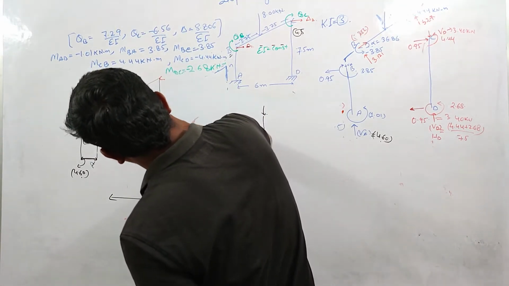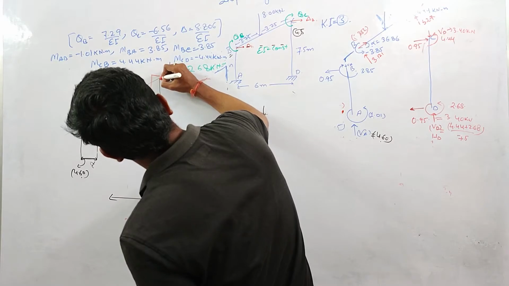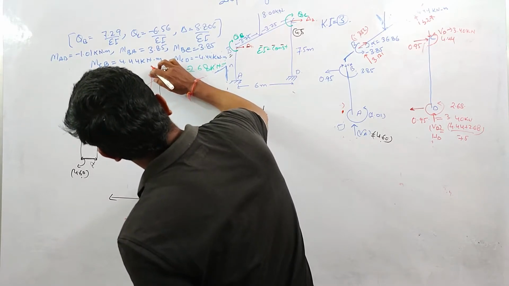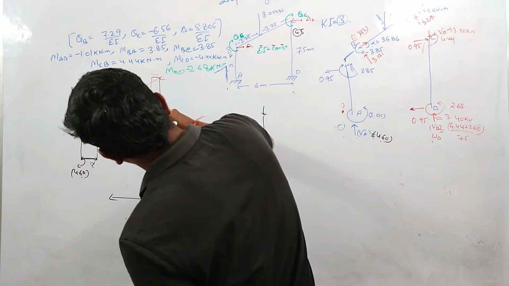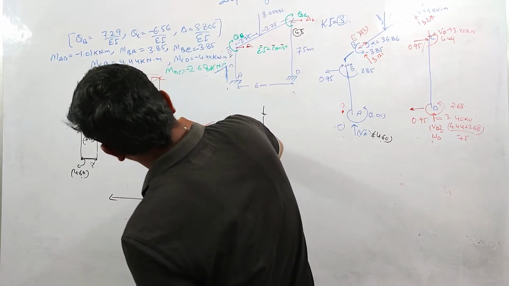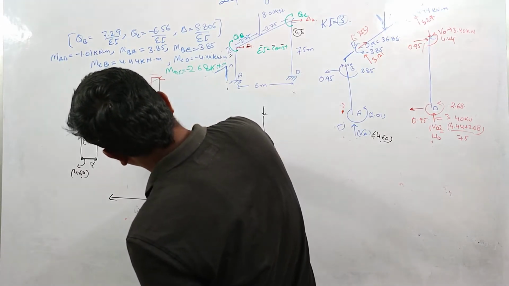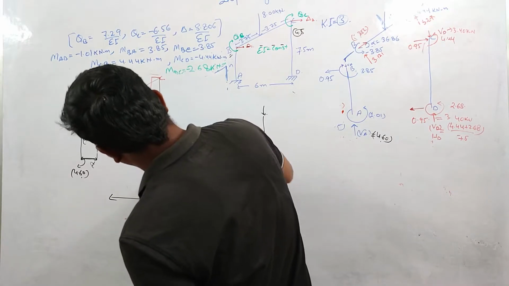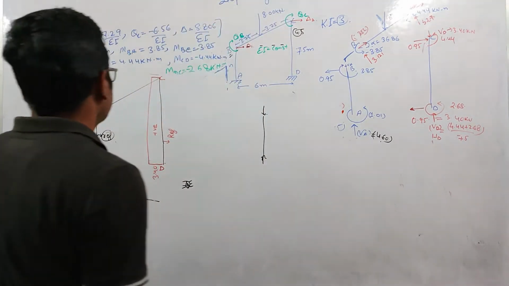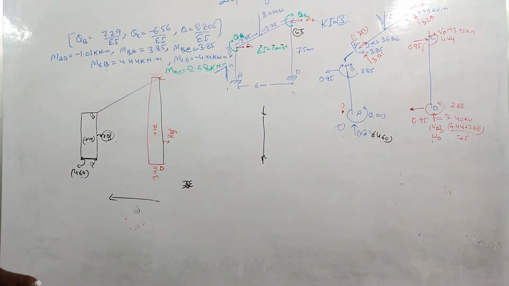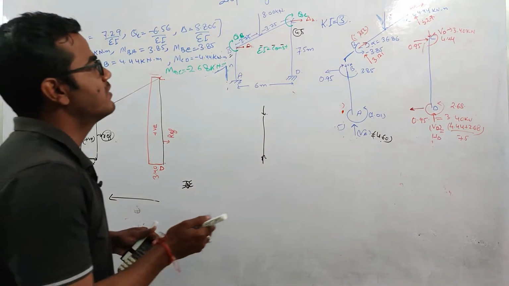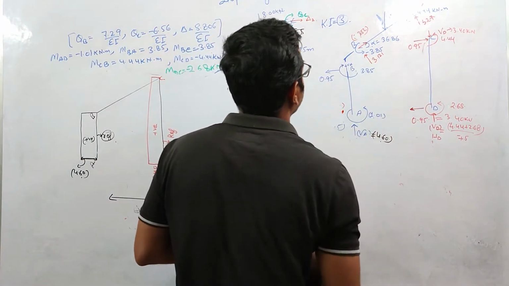So again, this is positive. This is our reference axis. This is 3.40, right? Now for this member, this is the important thing.